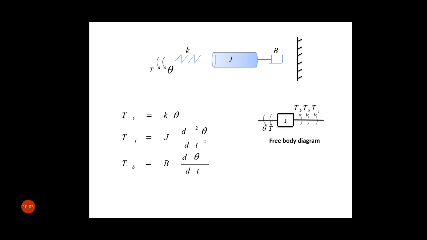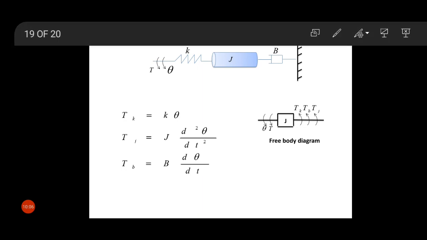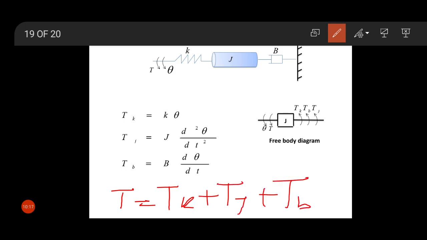From Newton's second law, we can write the applied torque T equals T_K plus T_J plus T_B.